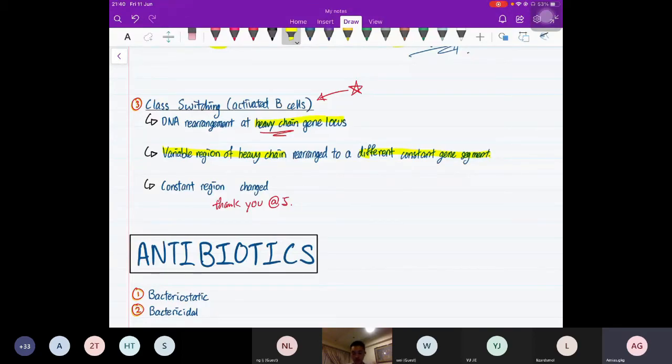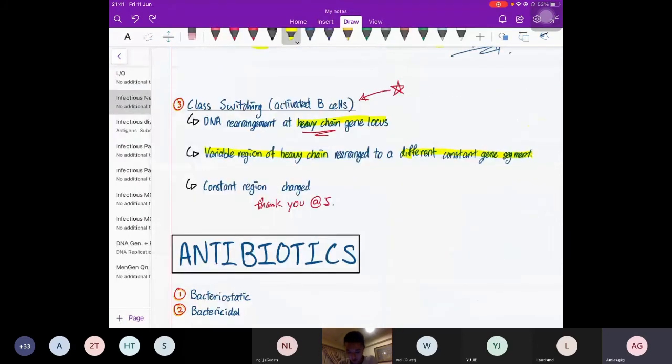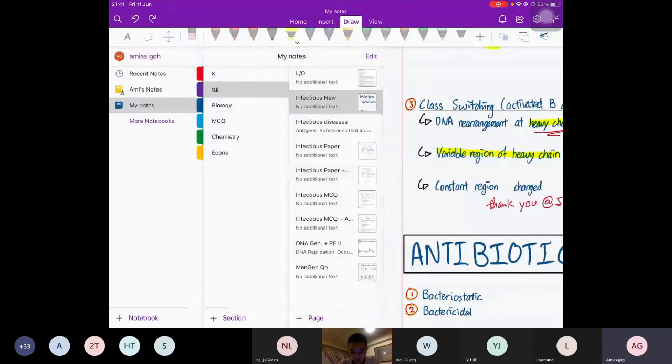The variable region is the part that is unchanged. But I wrote the wrong thing. So, constant region is changed, variable region remains unchanged. Thank you, Jay.